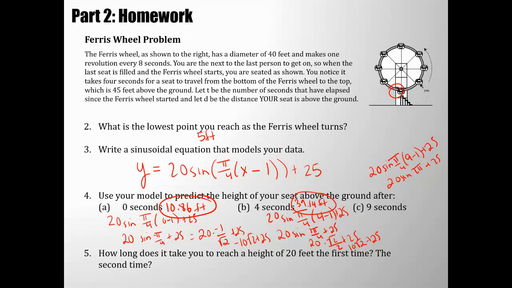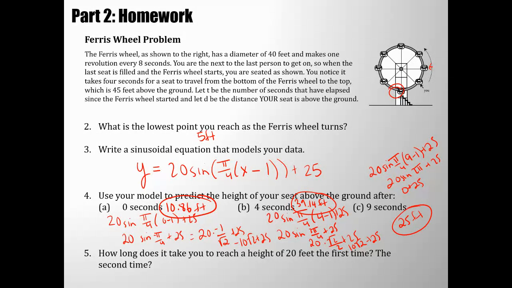So you're going to end up right here. We already know this height. Isn't that just 25? Isn't that just the middle? But let's see what happens here. So 2 pi, the sine is going to be 0. So you've got 0 plus 25, which is 25 feet.